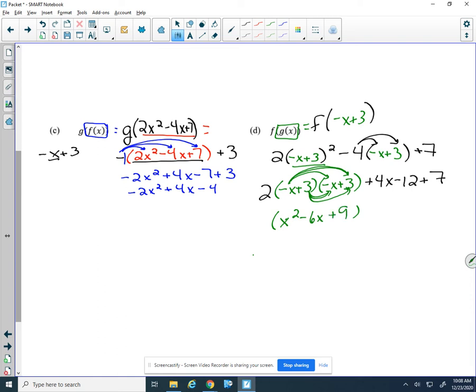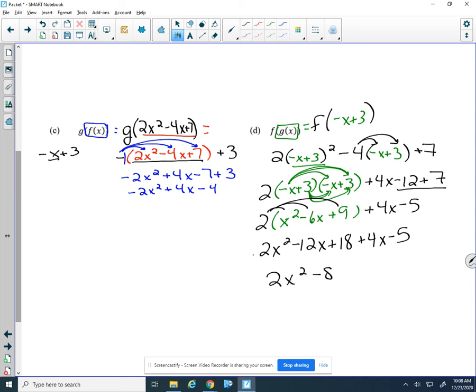So I did those middle terms together. We'll copy down the rest of it. This combines to negative 5, and now we're going to distribute our 2x squared minus 12x plus 18 plus 4x minus 5. So we have 2x squared minus 8x plus 13.